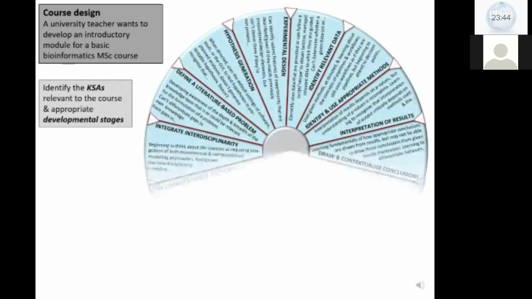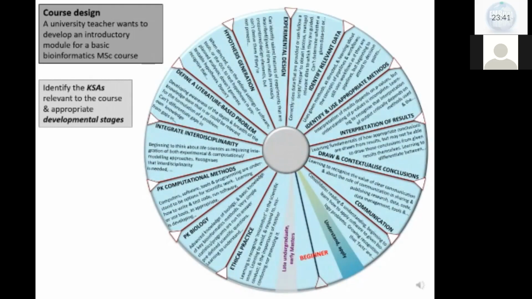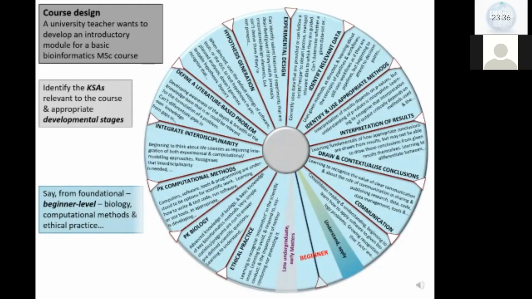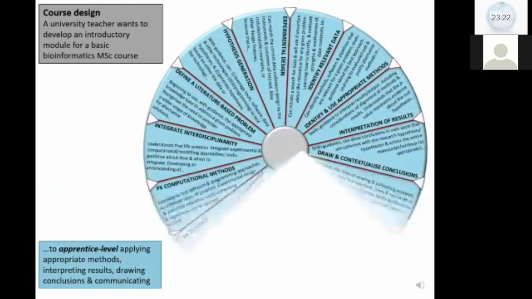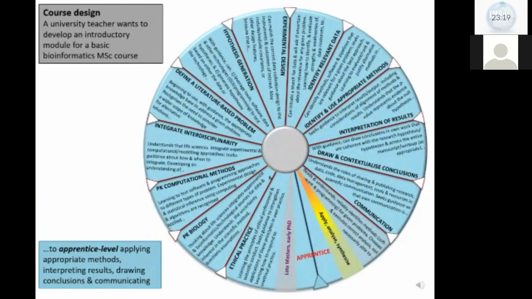The first step is to identify the KSAs relevant to the course and appropriate developmental stages. So let's say that we want the module to build from foundational, beginner level biology, computational methods, and ethical practice, to apprentice level, applying appropriate methods, interpreting results, drawing conclusions, and communicating.